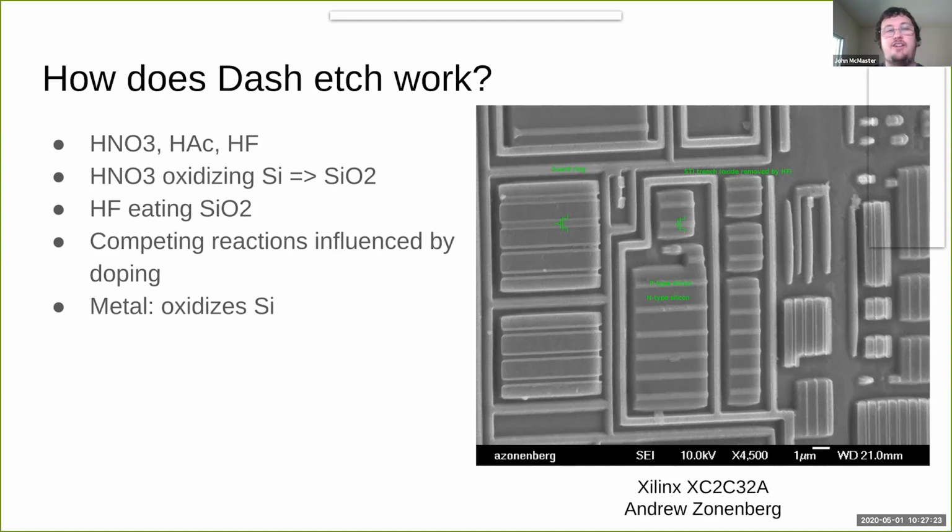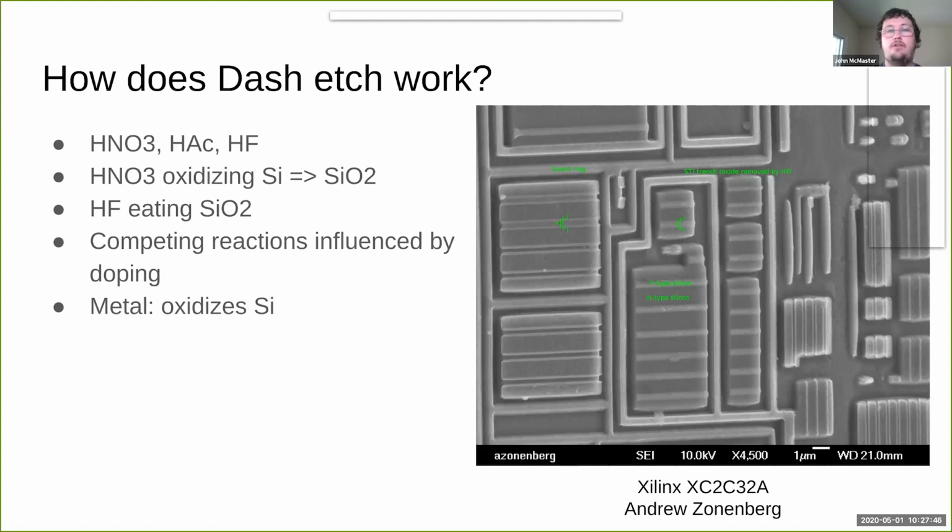Only the nitric acid and the hydrofluoric acid actively take part in the reaction. The nitric acid oxidizes silicon, that is, it turns silicon into silicon dioxide. And then hydrofluoric acid eats away that silicon dioxide that is formed. These are basically two competing reactions. That is, are we making silicon dioxide faster than we're eating it away?